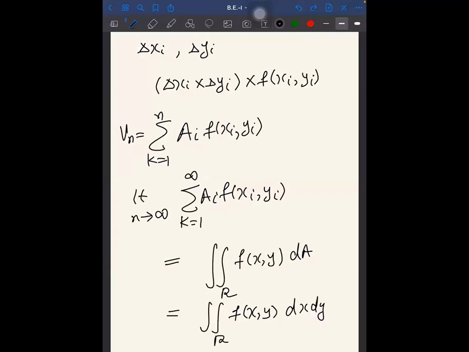So this is just a graphical interpretation of how we are doing things. Otherwise, questions are pretty much easy. So double integrals are nothing but the volume.